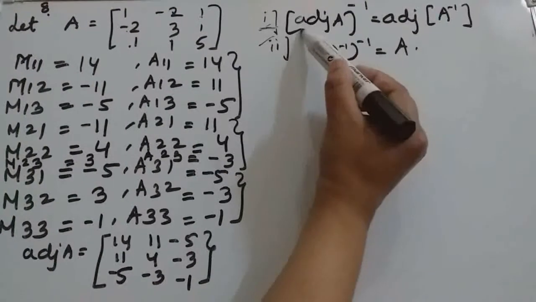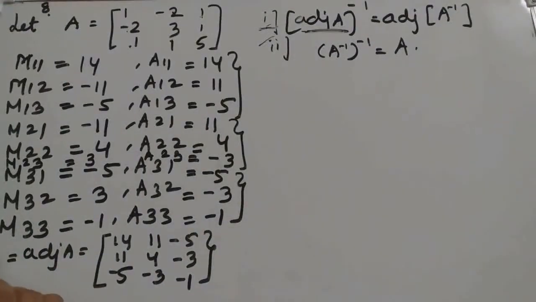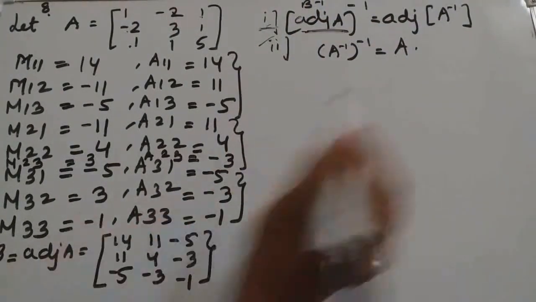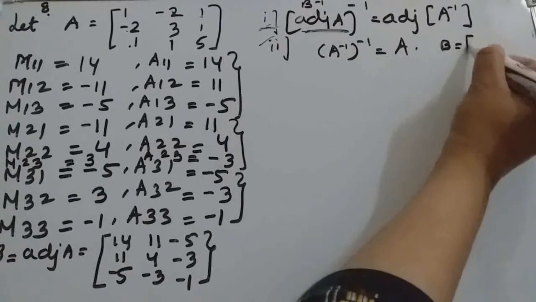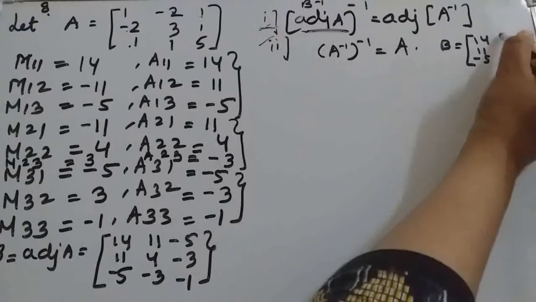Now we should find inverse of adjoint A, isn't it? So we will suppose this matrix as B. That means B inverse we can find. So now I will write the B matrix somewhere because this is going to be used later.